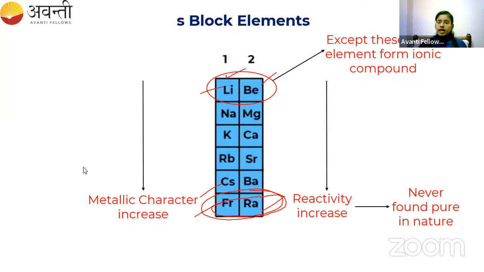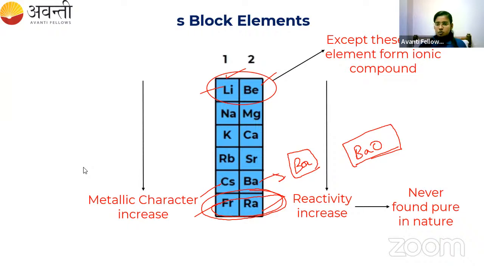So you cannot find radium or barium in the pure form. Barium will react with oxygen present in the atmosphere and form BaO. We can find barium only in barium oxide form, not in the pure state of barium. Because of its highest reactivity, it exists like this.